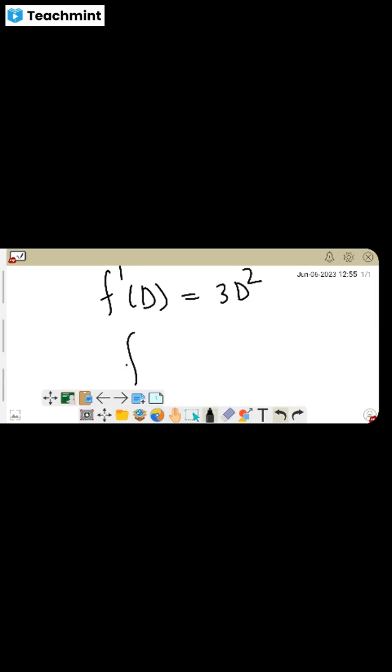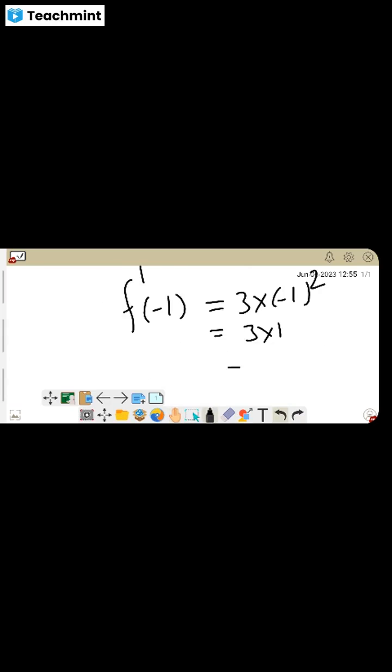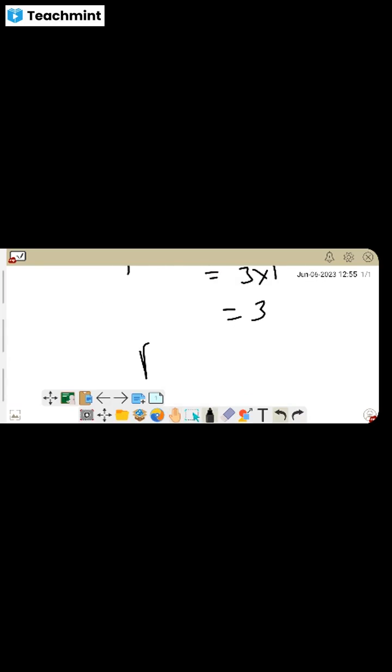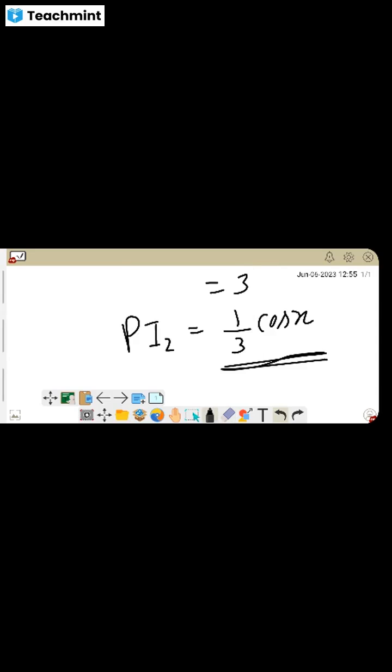Now find f dash of minus 1, which is 3 into minus 1 whole square, equal to 3 into 1, which is 3. So now pi2 is 1 upon f dash, minus, or you can write the direct formula also, 3 into cos x. Got it? Shall I use the direct one?